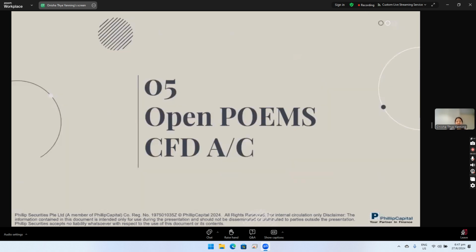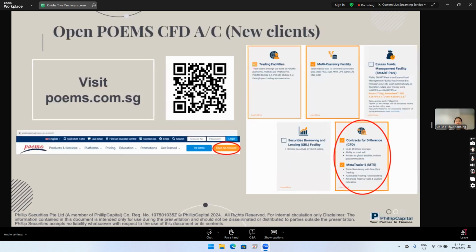So let me guide you on how to open your Poems CFD account. First thing is you need to have a Poems account to get access to MT5 too. But most importantly, now we have the one click for you to directly open the MT5 account.